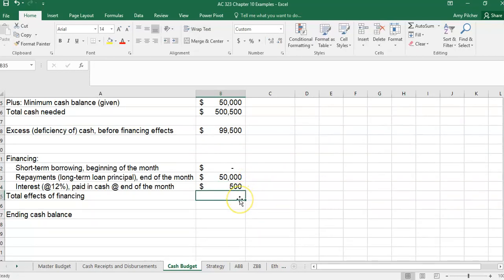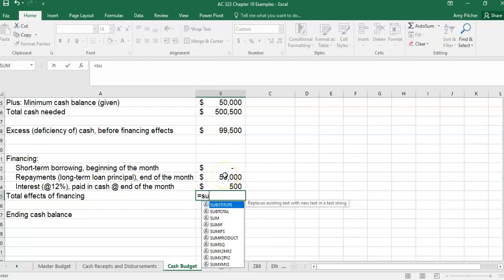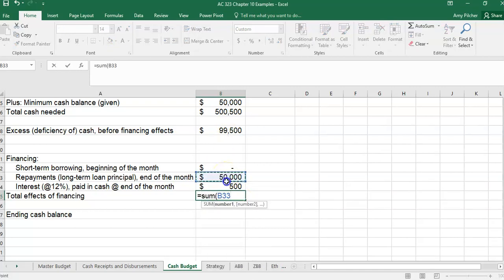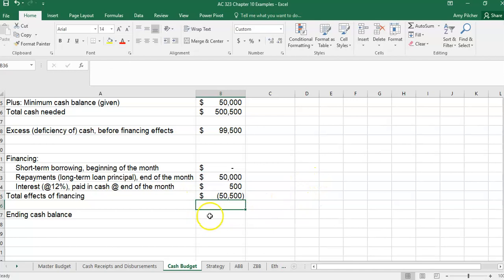So our total effects of financing here, and this is money out, so I'm going to put a negative in front of the sum.